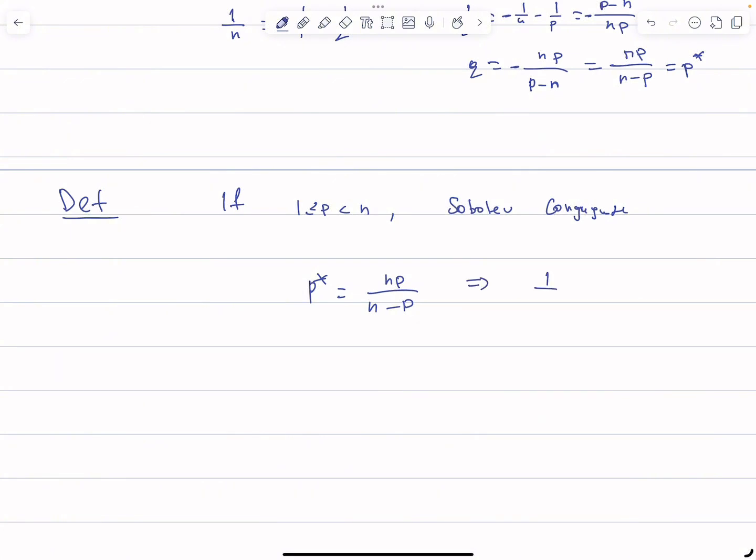Also, we know that 1 over p star is equal to 1 over p minus 1 over n. So p star is strictly greater than p.